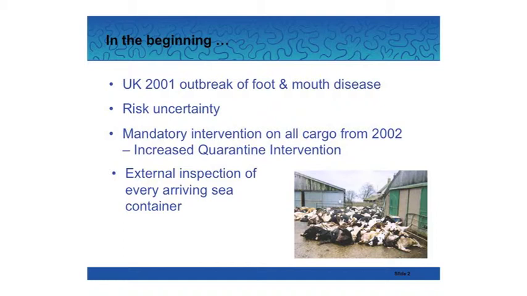And by 2002, we were inspecting the outside of each and every sea and air container that arrived in Australia, and that was what we called the external container inspection regime. By 2009, we were examining over 2 million sea containers every year.